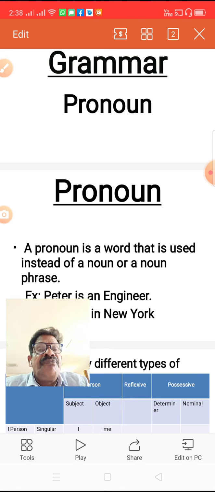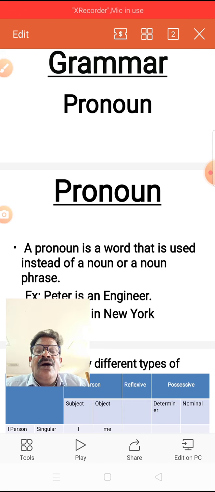Total 8 parts of speech, they play their individual role in forming any kind of sentence, whether it is written or spoken. As we have completed noun in our earlier class, today we are going to have a discussion on pronoun, right?